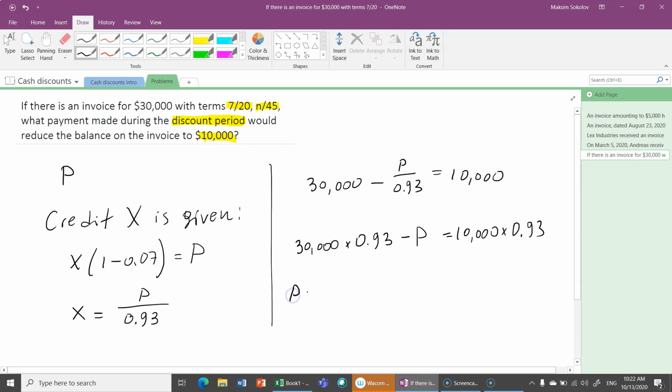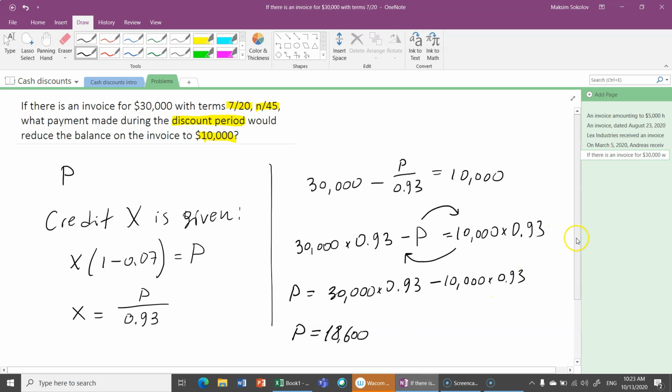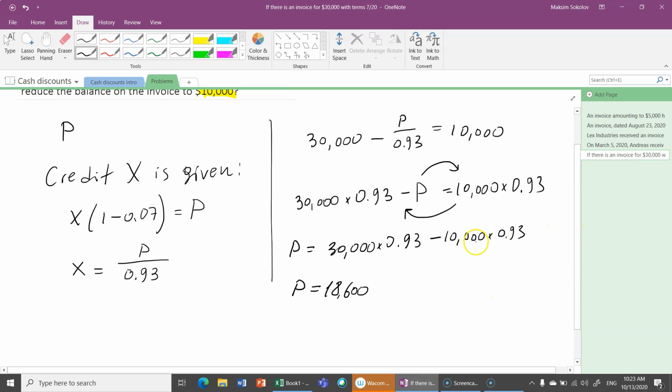From here we will be finding P, and again, that's just a very simple modification of this equation. So we move P to this side, we move 10,000 times 0.93 to that side, and let's now find P. It's going to be 18,600. So the partial payment that must be made is 18,600. But we can check.